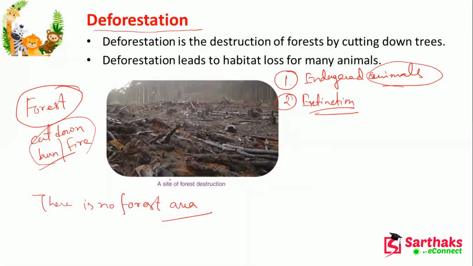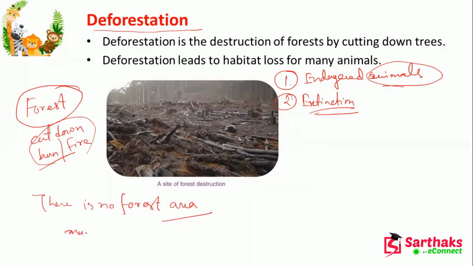So if I am going to cut down one tree, that tree is a home for so many birds. If I am going for deforestation, that means due to my work, it leads to habitat loss for animals.